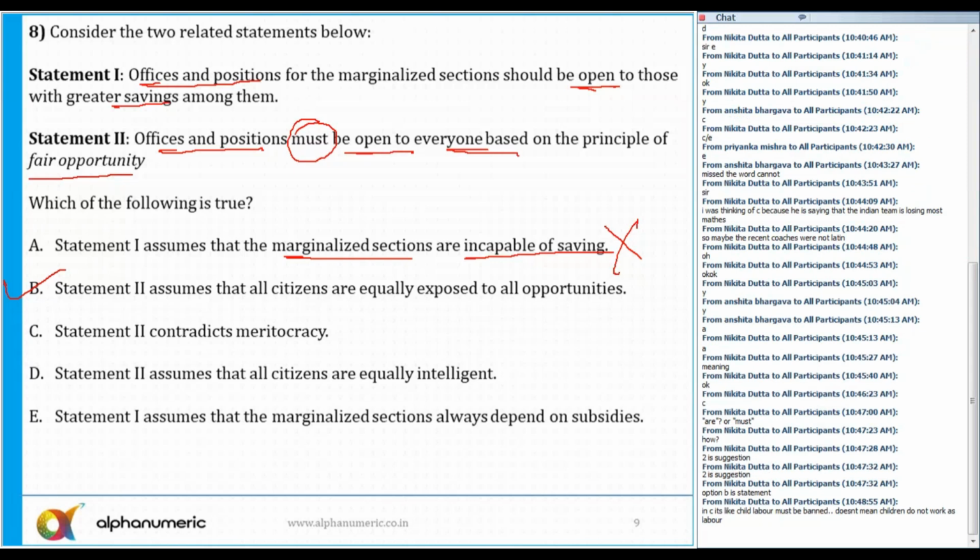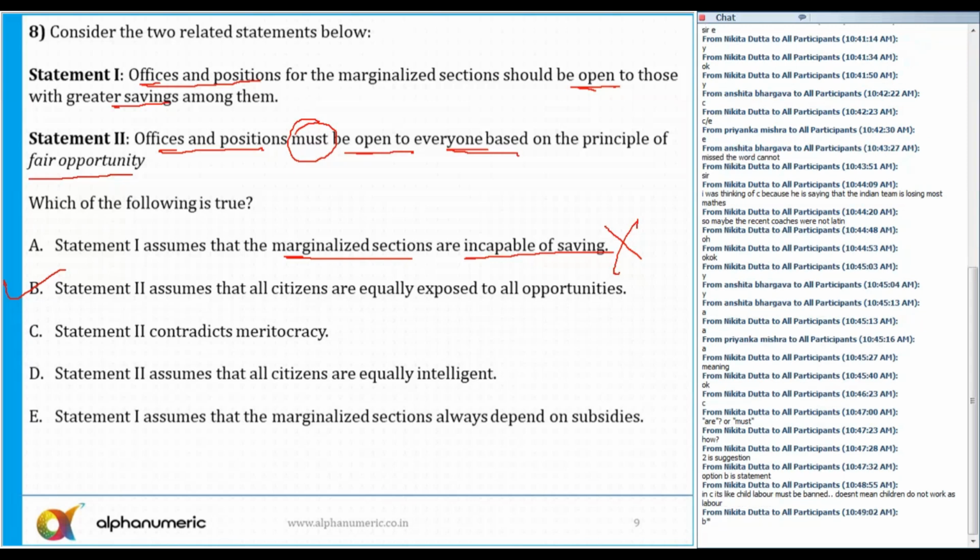Okay, Nikita is saying in B, it's like child labor must be banned. Doesn't mean children do not work as labor. No. If I'm saying child labor must be banned, then I'm assuming the existence of child labor.